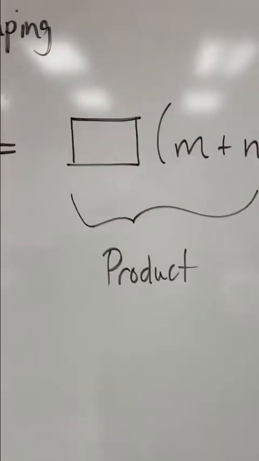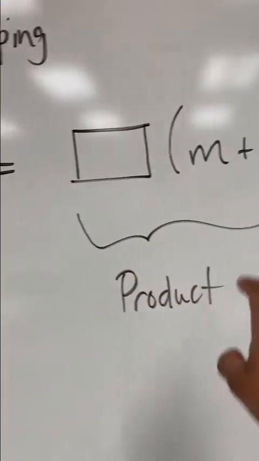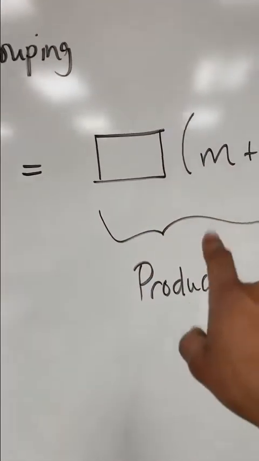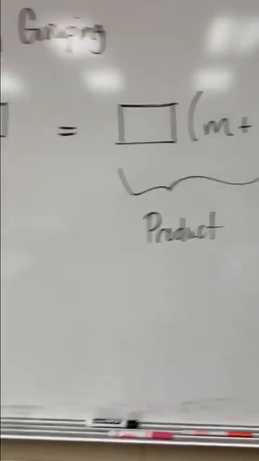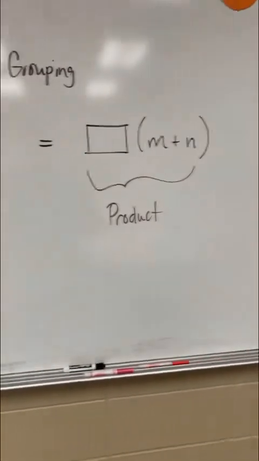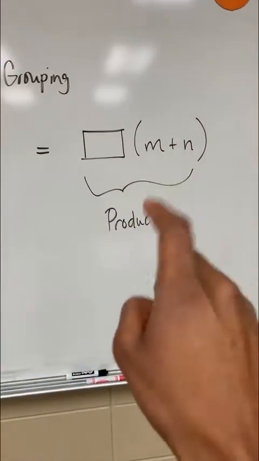Now look at what it says. Now I have a box times that M plus N. This is no longer a sum. This is now a product. So this is an expanded version with a sum, and this is a condensed version as a product.